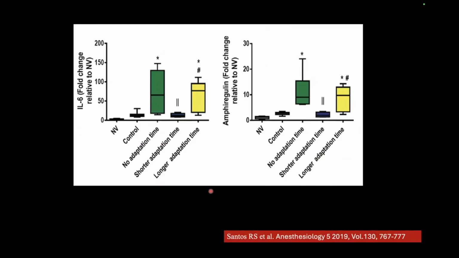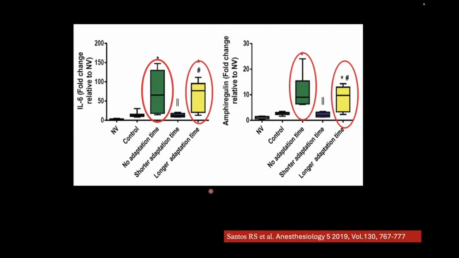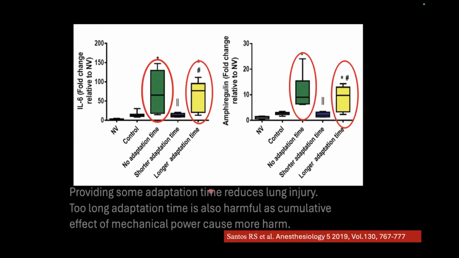And they found that the short adaptation period was the only condition where you had the least lung injury and the least release of inflammatory cytokines, while when you applied a short adaptation time, there was less impact and less release of inflammatory markers. So the duration over which the energy is released is also very important.